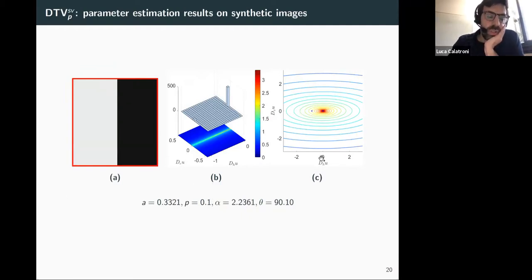This is just to show you some estimation of parameters of my distribution on very simple and synthetic examples. So here I'm looking at the shape of the distribution for points on the edge.